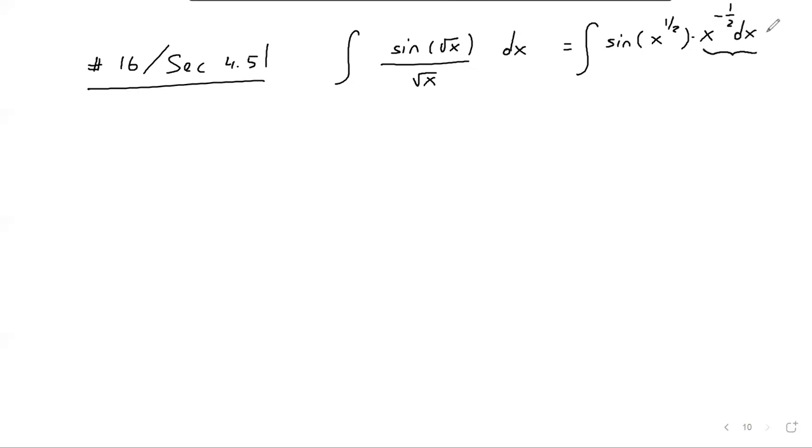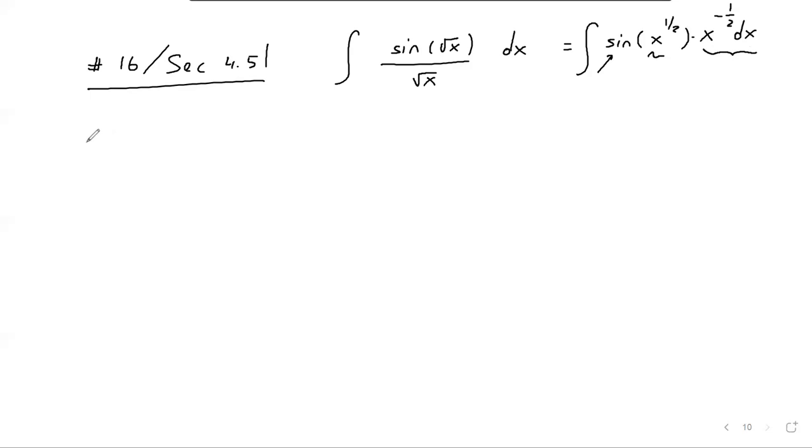All right, so look here, folks. Trigonometric function, a formula times the derivative of a formula. Is it really the derivative of a formula? Yes, it is, because x to the 1/2 prime is 1/2 x to the negative 1/2. So up to that 1/2 constant, we really have that.